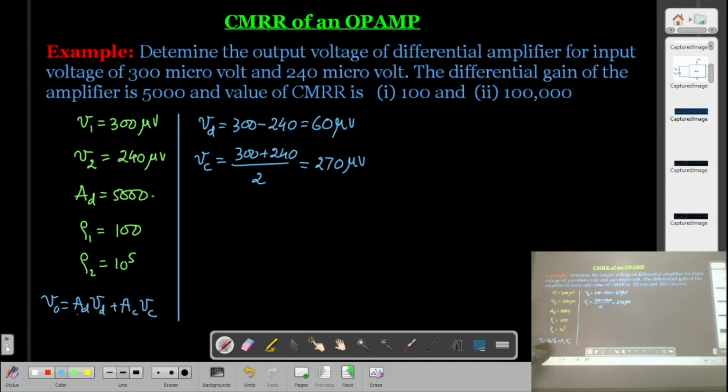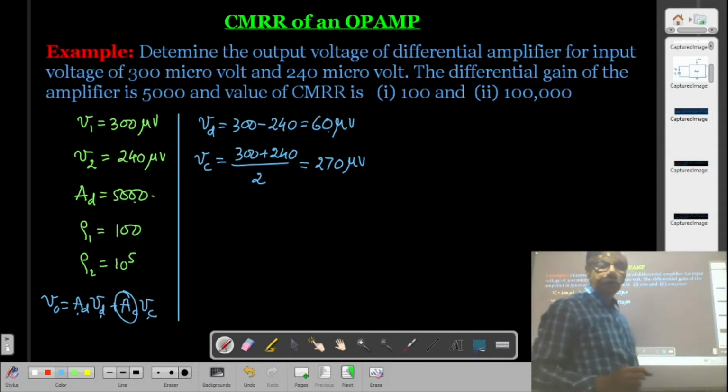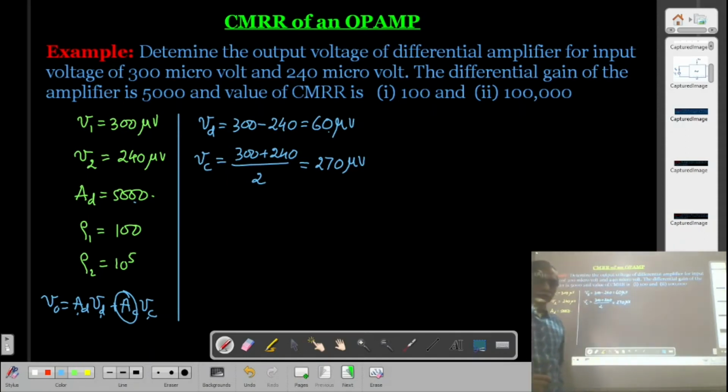AD is given to you, that is 5000. VD we have already calculated, 60 microvolt. VC we have calculated, that is 270 microvolt. But the AC is unknown. That is, the common mode gain is not given to you.